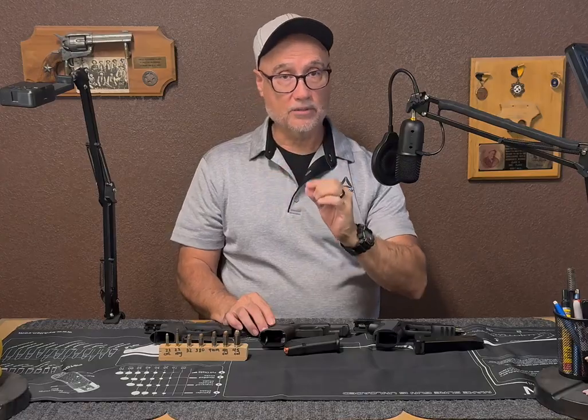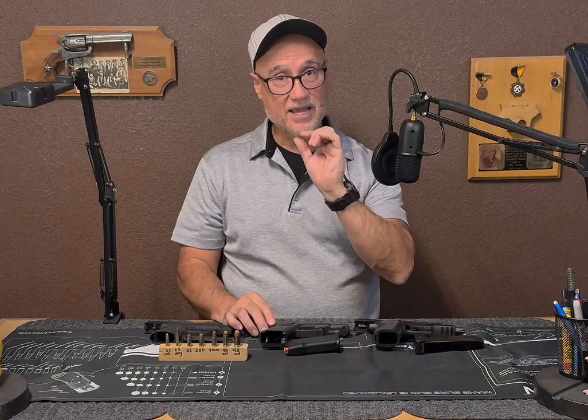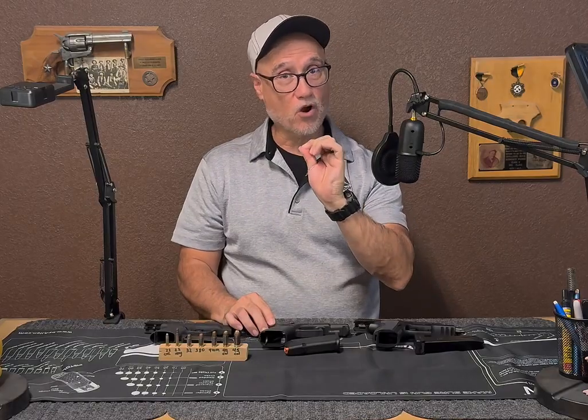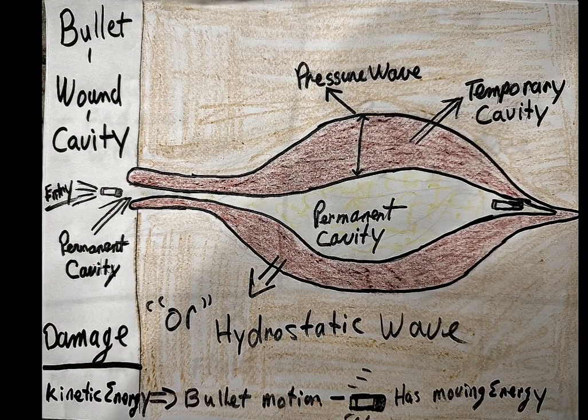We'll talk a little bit about that. We'll also talk about kinetic energy, how important kinetic energy is in a bullet to cause what we call stopping power. Here we have a little diagram that I drew for you about what kind of damage it looks like when the bullet is traveling through tissue. But before, let's talk a little bit about hydrostatic shock.